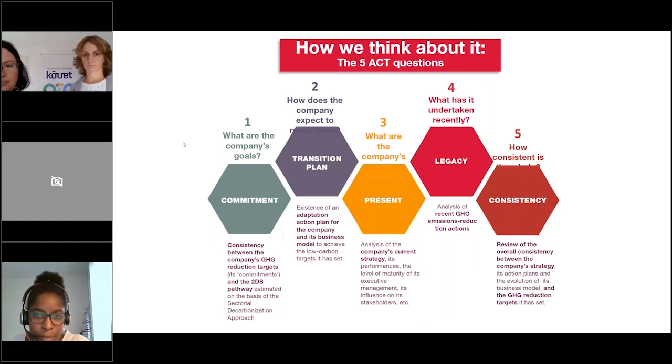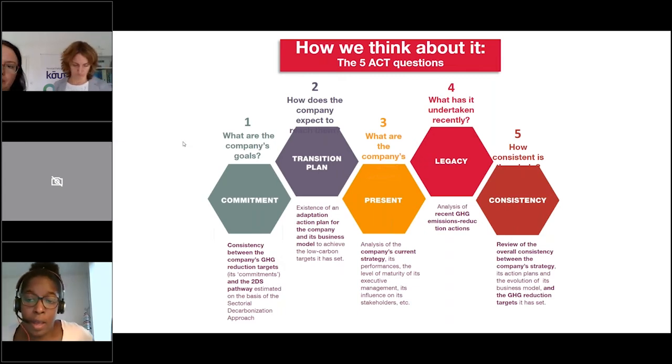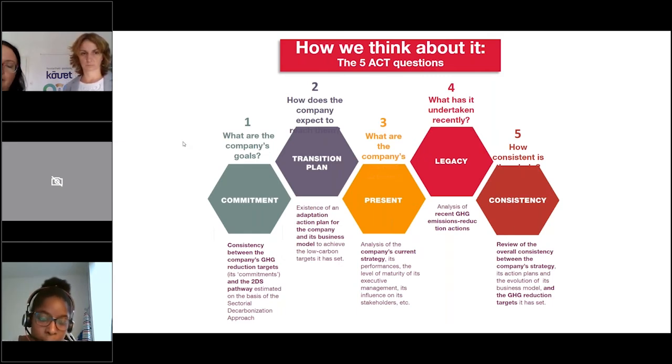And finally, the fifth question is, how does it all fit together to assure the consistency and relevance of all the commitments made by the company. So the first 4 questions express the dynamic vision of the company practicing the low carbon transition or engaged in this pathway proposed by ACT, and the commitments to greenhouse gas reduction targets.